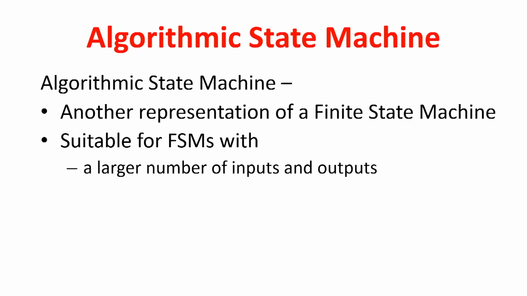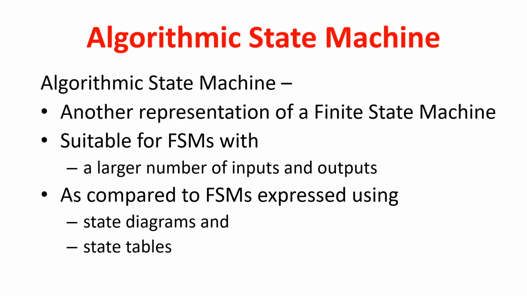It is an FSM with data path, suitable for FSMs with a larger number of inputs and outputs. In an FSM, it is expressed using a state diagram and state table. In ASM it is similar, but we include one more thing: we separate the FSM part and the data path, and the FSM we generally describe using ASM, while the data path is separated.